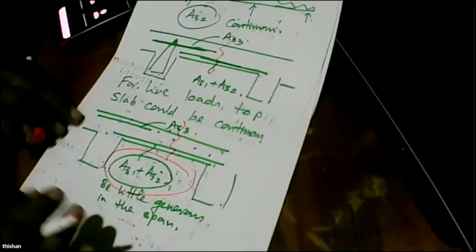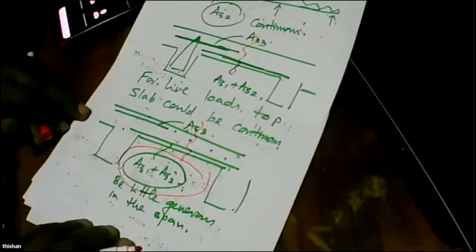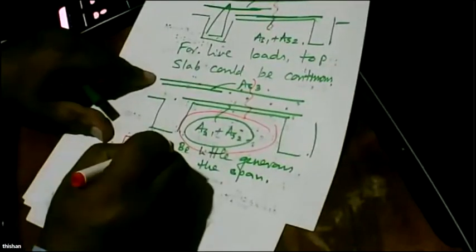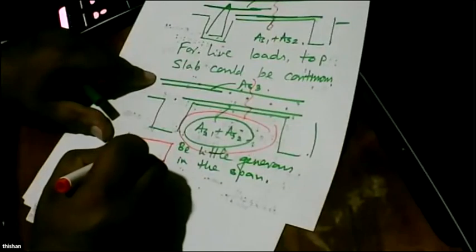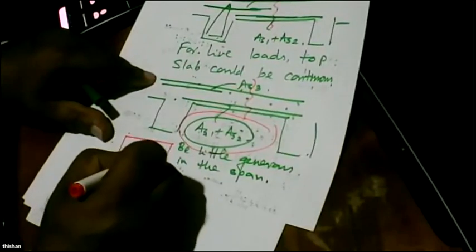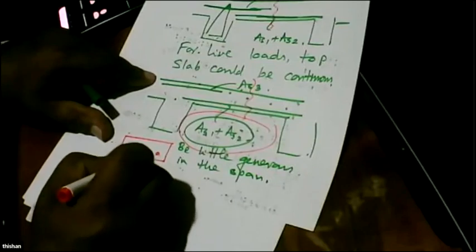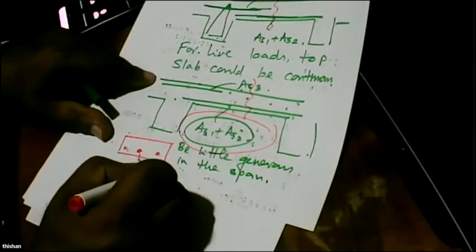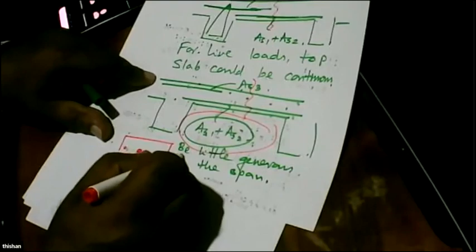That's something you can keep in mind, right? If you need only 10 millimeter, you will provide 12 millimeter. If you need 12 millimeter, you might consider providing at least a 16 millimeter bar in the middle. So here we are getting this situation. The middle bar, you need only 12 millimeter, but you might provide 16 millimeter, and these can be 12 millimeter.